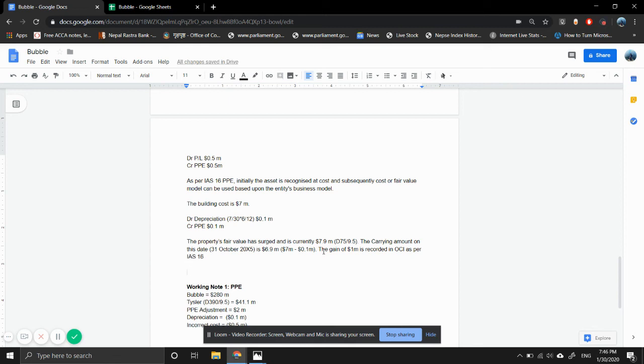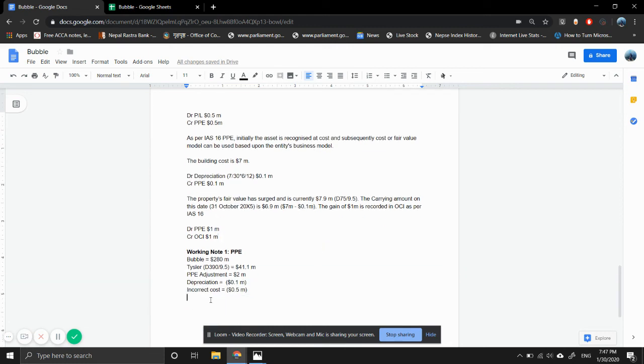The entry will be debit, because its value had to increase, and then credit OCI, right? Then again over here, revaluation will increase its value by 1 million.